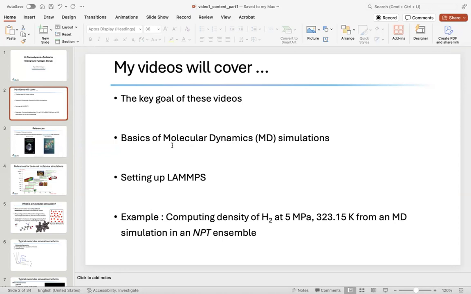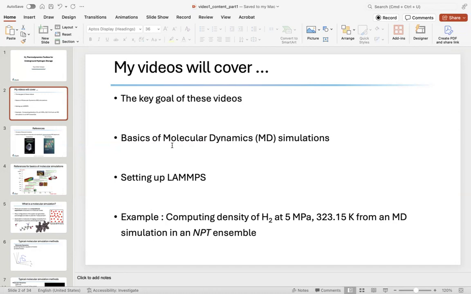And we'll be doing all of this using LAMMPS. That's a well-known software that's used in the molecular simulations community for large-scale simulations of molecules, for materials, basically, or for granular materials, or for fluids.